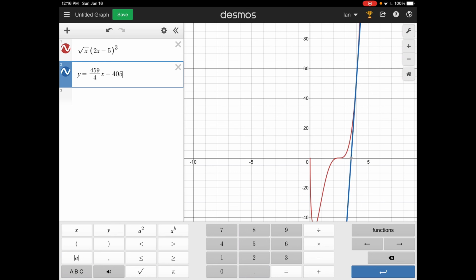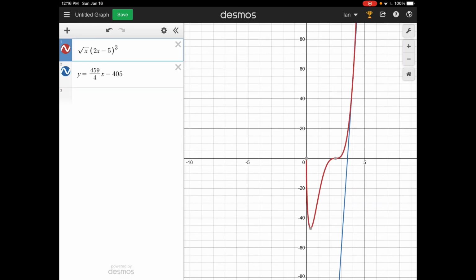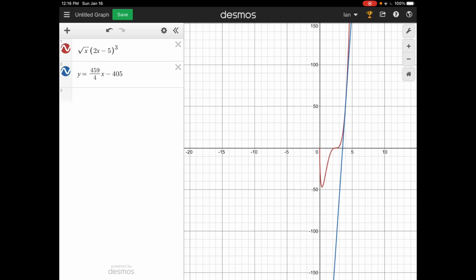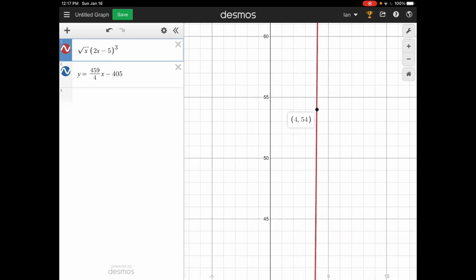It does look like it is the tangent somewhere around here. And is there a point of intersection? Sometimes Desmos struggles with finding that point of intersection by just tapping on it when it's only 1 point, but it is there. And if I go really close in on it, it's going to show me that point of intersection.